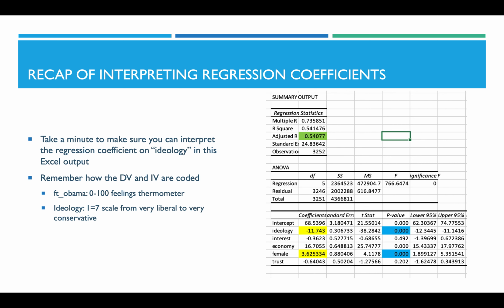We've been looking at similar examples in the previous lessons, but just remember that the dependent variable in this analysis is the feelings thermometer about Obama, and that ranges from 0 being cold to 100 being warm. Similarly, ideology is measured on a 1 to 7 scale, with 1 being very liberal and 7 being very conservative. So given that information, how would you interpret the coefficient on ideology?